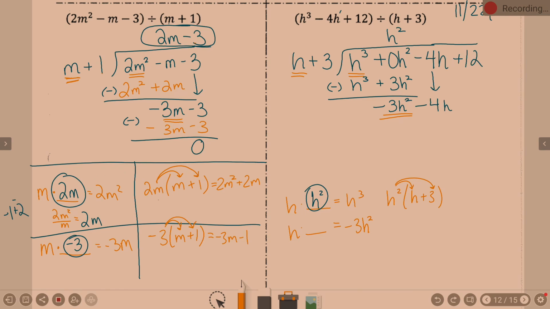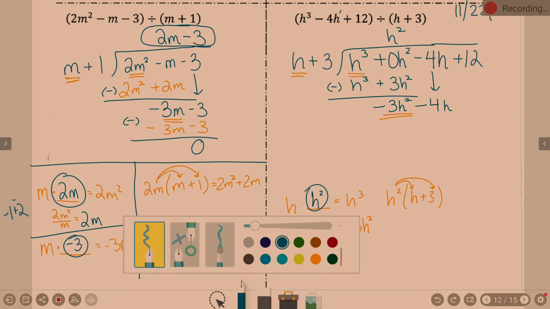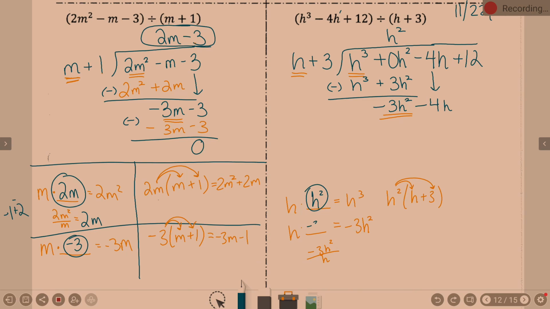Negative 3h. And again, if you can't remember, it's negative 3h squared divided by h. And that is going to be negative 3h. What do I do with that negative 3h? Put it on top.